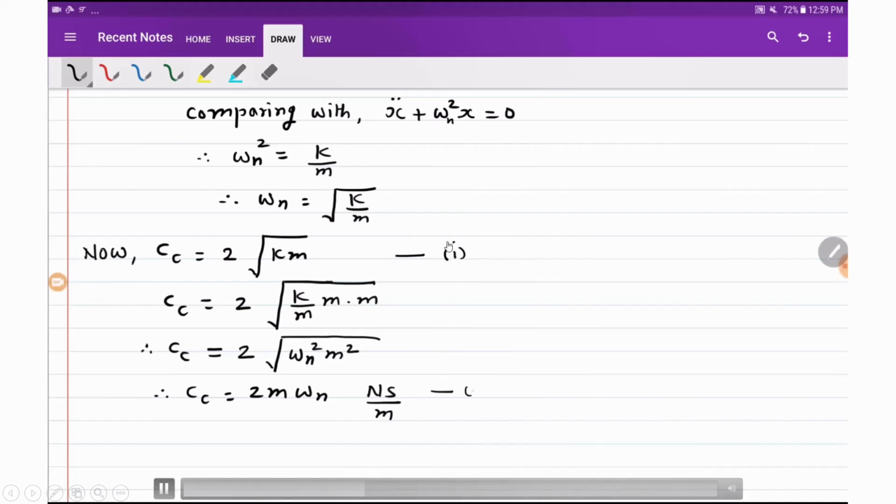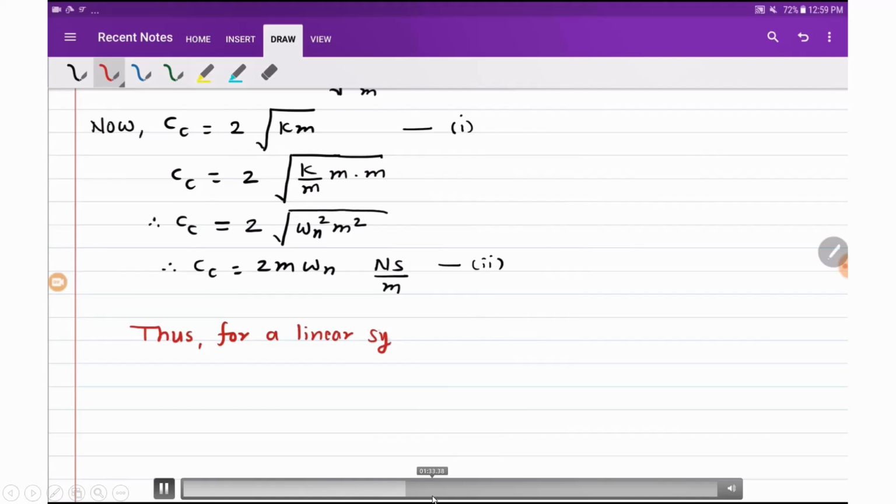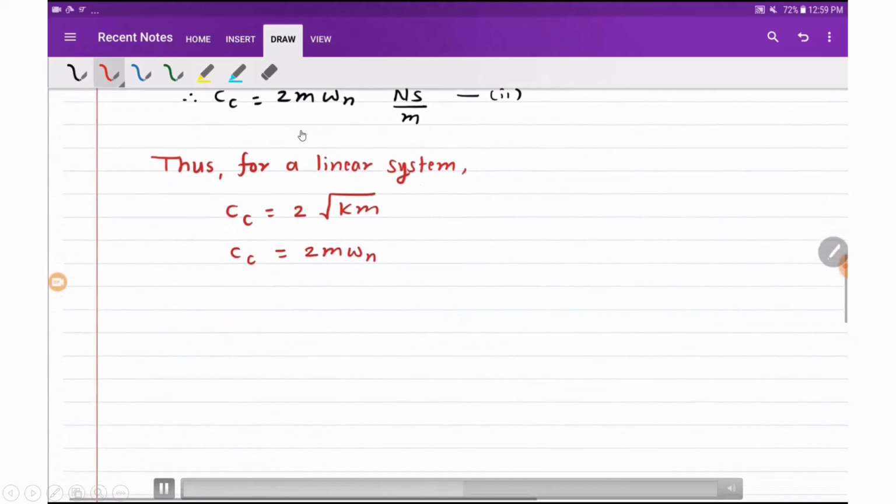Now let us call this our equation 1 and this our equation 2. For a linear system, we know that c will be equal to 2 root km, it is also equal to 2 m omega n, that we have already seen.